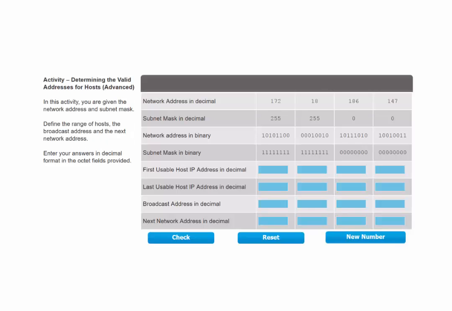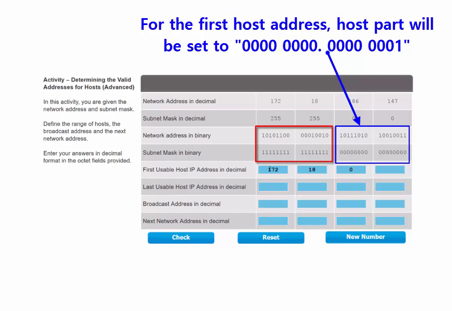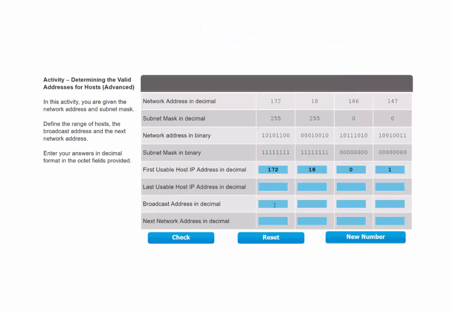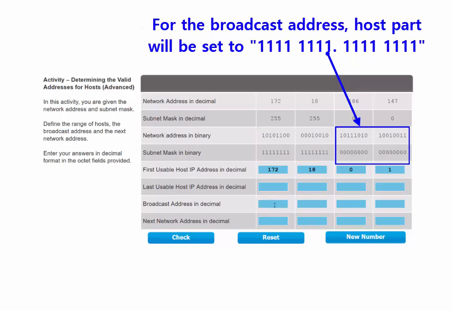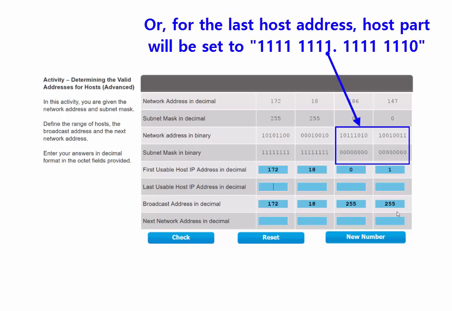All right, so moving on to the next activity here, we need to calculate the first usable host address, and in that case, the subnet mask is /16. 172.18, and then 0, and then this will be 1. The last usable address, let's just put the broadcast first because the broadcast will be easy. So 172.18. Of course, here is 255, and then this one will be the broadcast address minus 1.